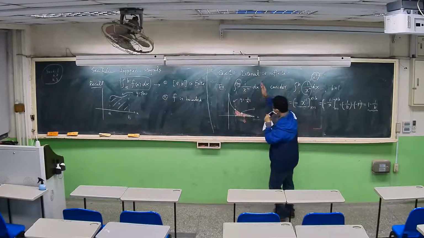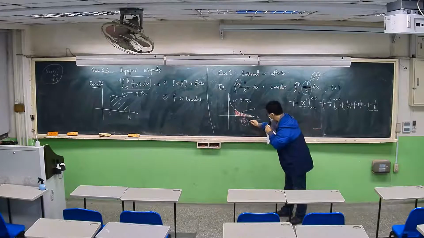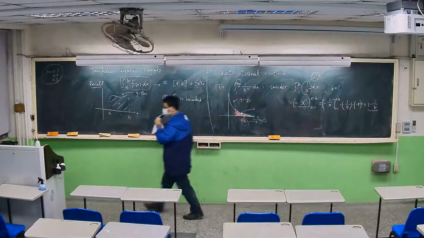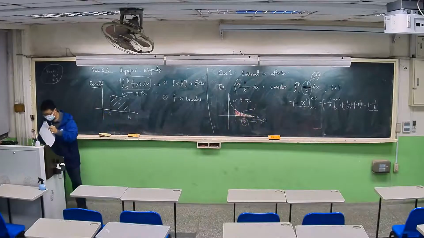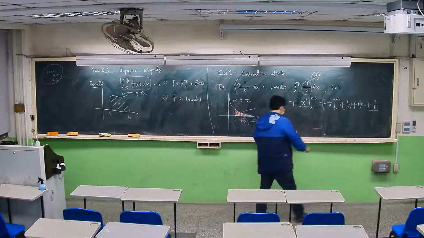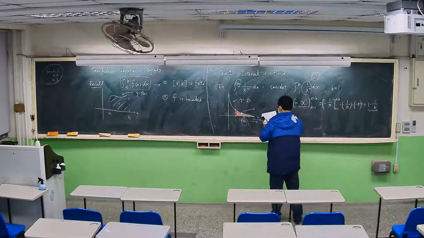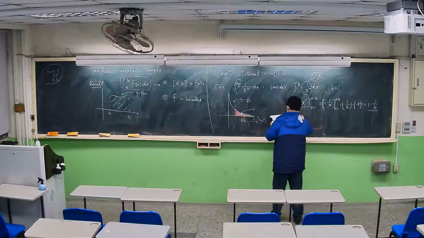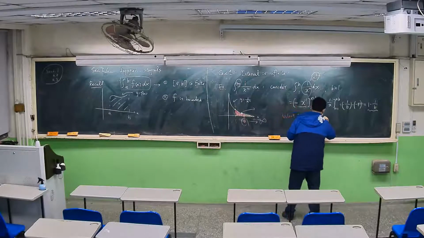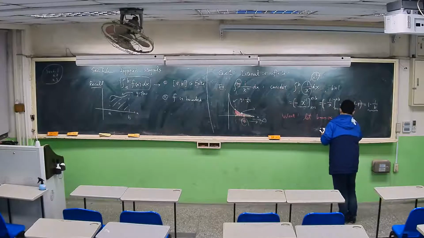Now we consider infinity. The interval goes from 1 to infinity, so we let b approach infinity. Actually, we could define it this way. All we want is to let b approach infinity, then we can get its limit.